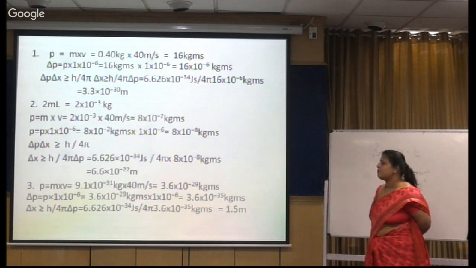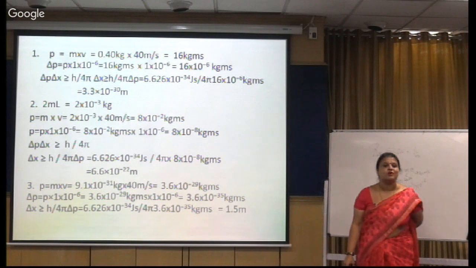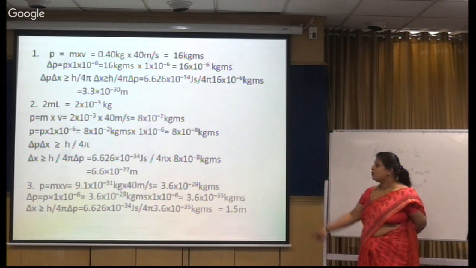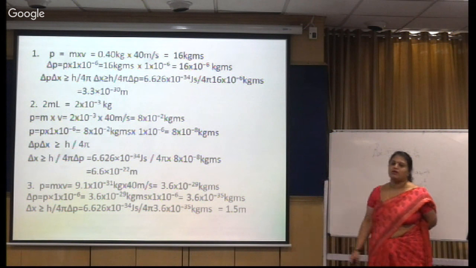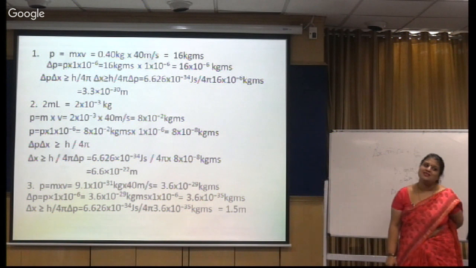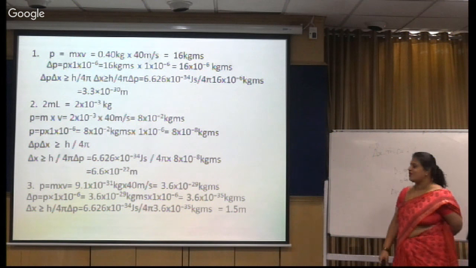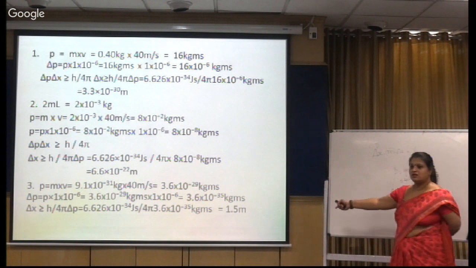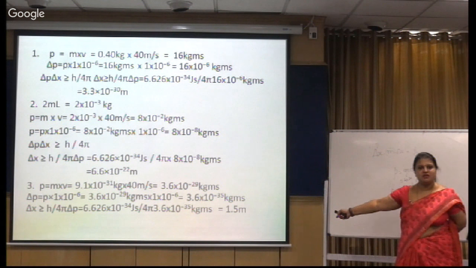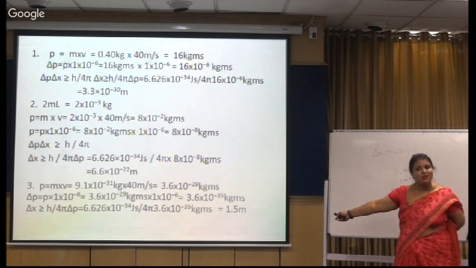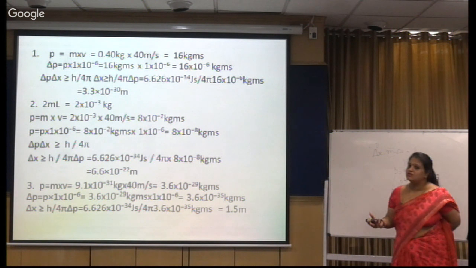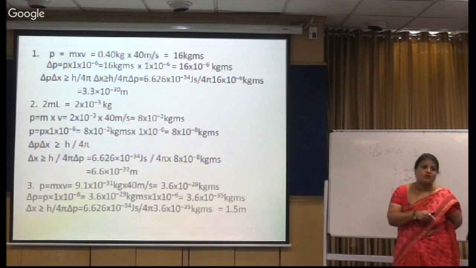Now in question number 3, we have moved on to electron, which is a microscopic object having a mass of the order of 10 to the power minus 31 kg. For electron, the uncertainty in position is 1.5 meter. Isn't it a substantial value? So that means there is uncertainty in position that exists for a microscopic object like electron.